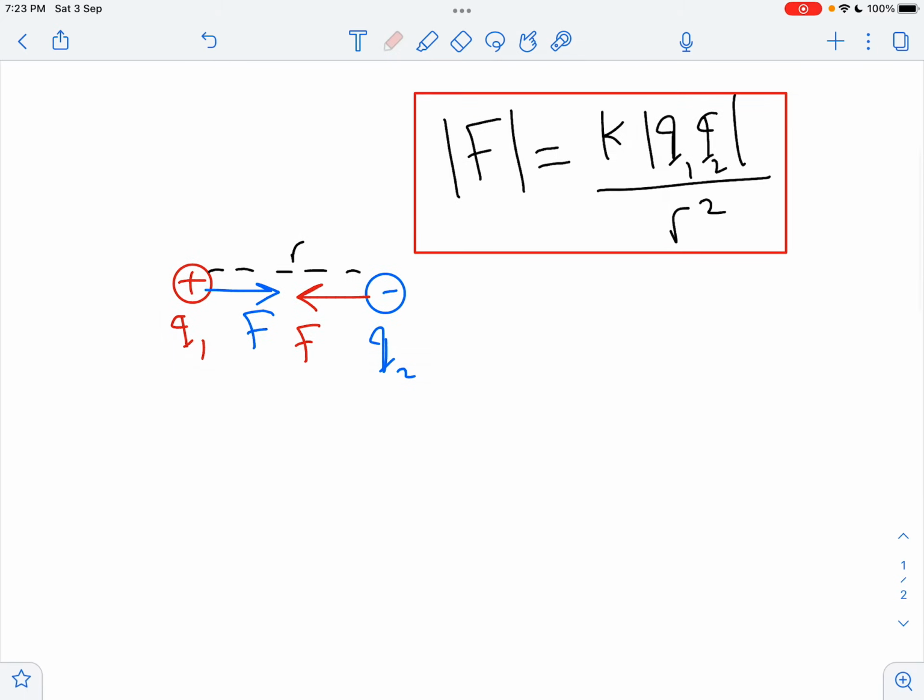And finally, there is this last formula, F is equal to Q multiplied by the electric field, if we are talking about vectors.